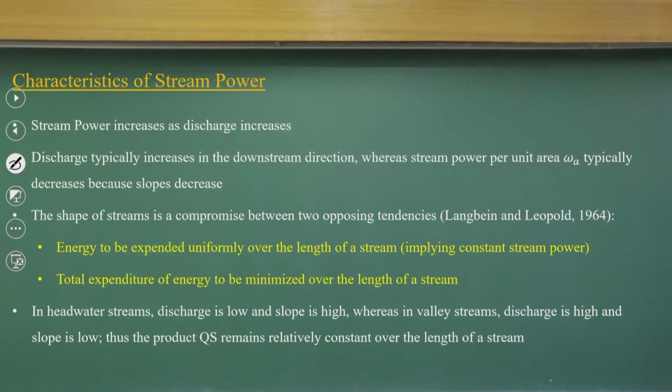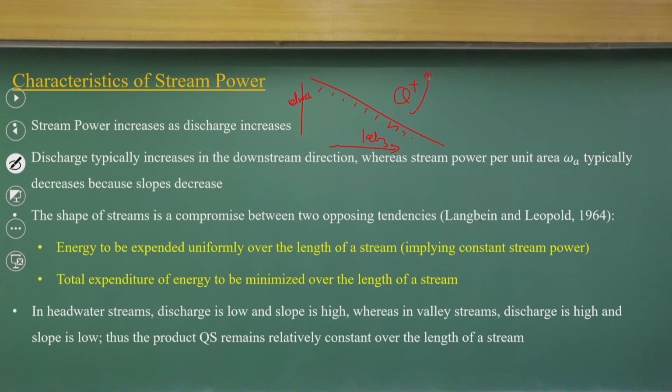Now, if you look at what actually happens in a river, this is the longitudinal profile, this is the length and this is the elevation. As we go more downstream, we expect the discharge to increase.